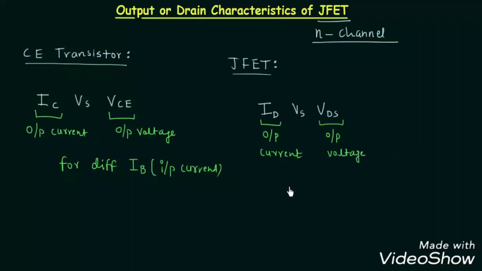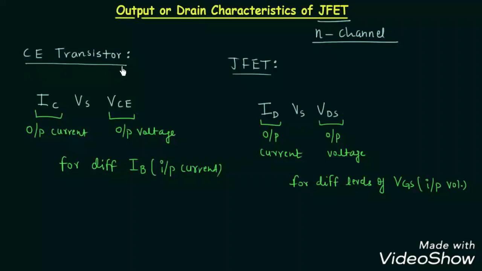And we obtain these characteristics for different levels of voltage VGS, where VGS is gate to source voltage or the input voltage.